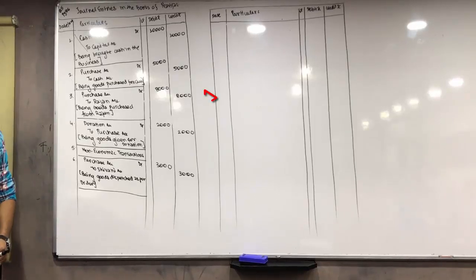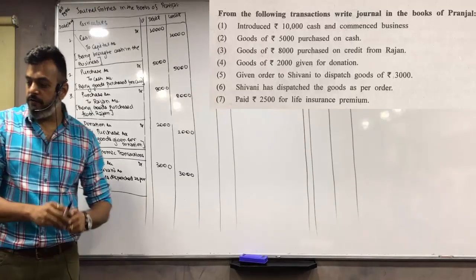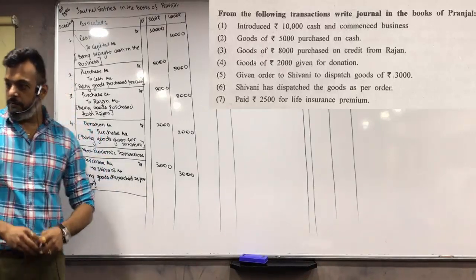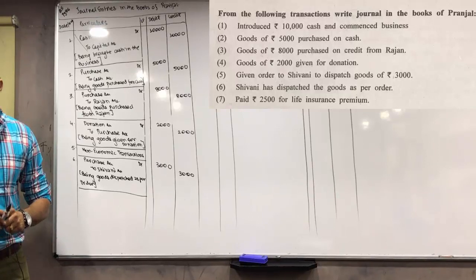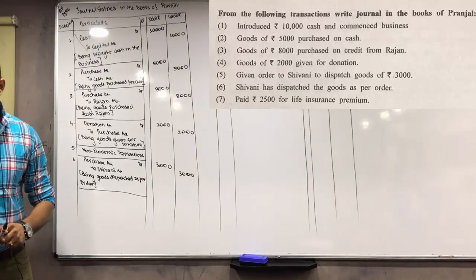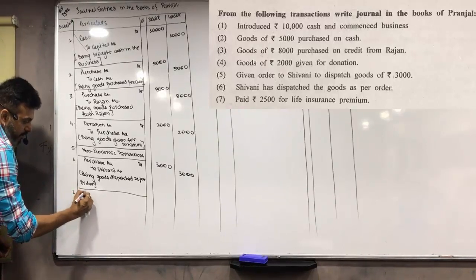Next, paid 2,500 for life insurance premium. You are paying for life insurance premium. किसका life है? Owner का life है. So it is drawings. Owner is the receiver. So 7 transaction.